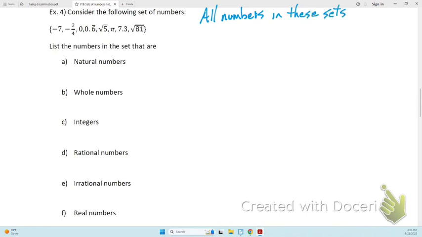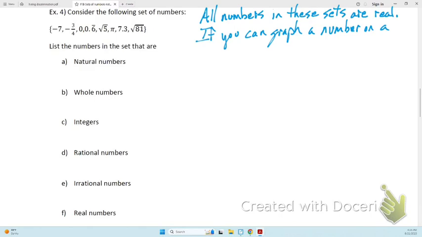sets are real. One way to distinguish between real and imaginary is if you can graph a number on a number line, then it is real.